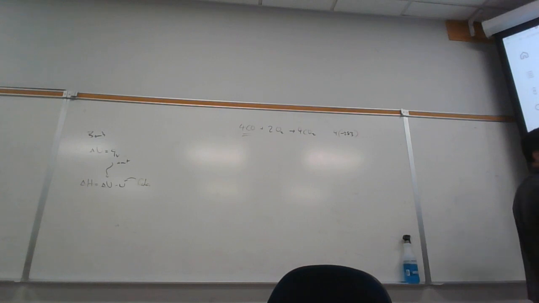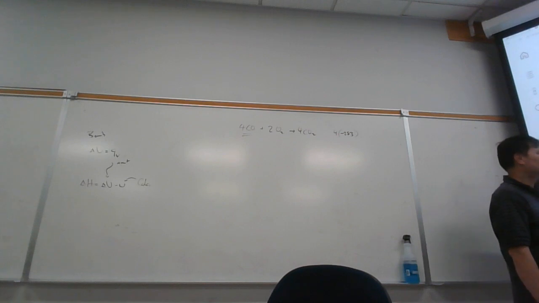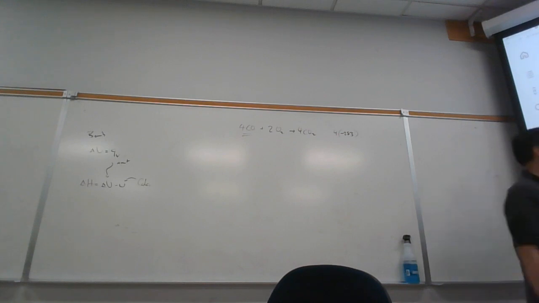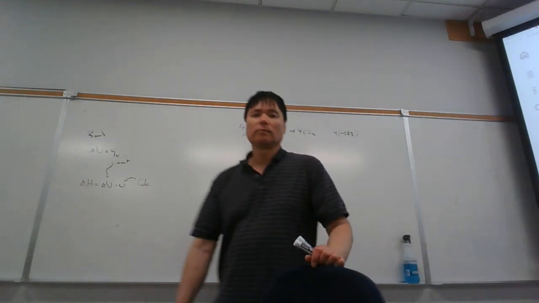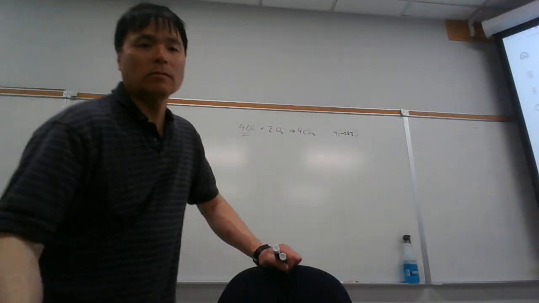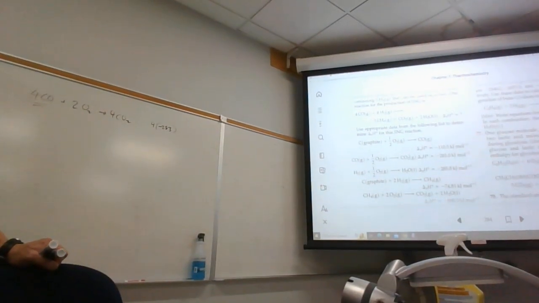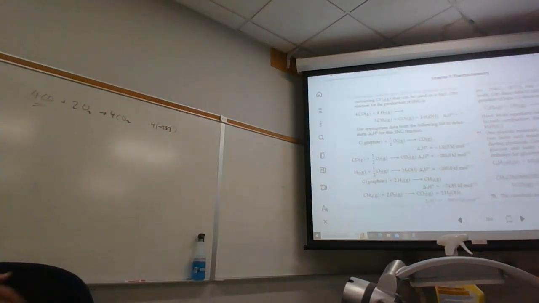Do you see it? It's got to be this one. This is the only way I can get rid of the CO2: I have to flip this one backwards and then multiply it by 3.